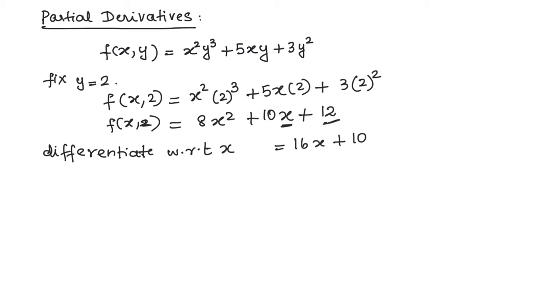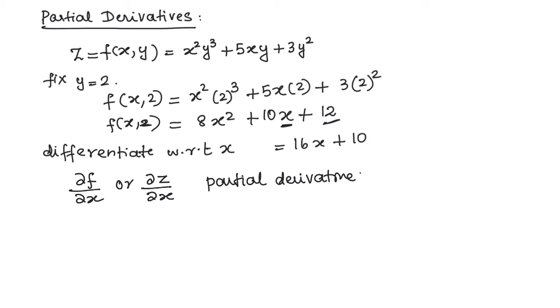And we usually denote that like this, or the function f of x y we can express as z equal to f of x y. So you can write in this notation, partial derivative of z with respect to x. So this is the partial derivative of f with respect to x. So this is the notation for that.